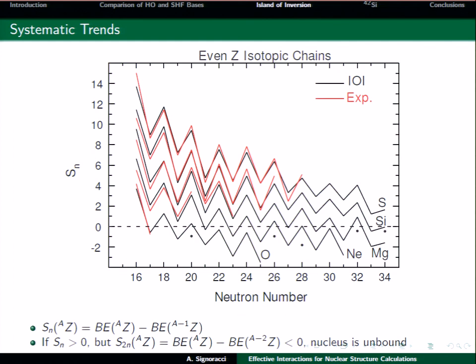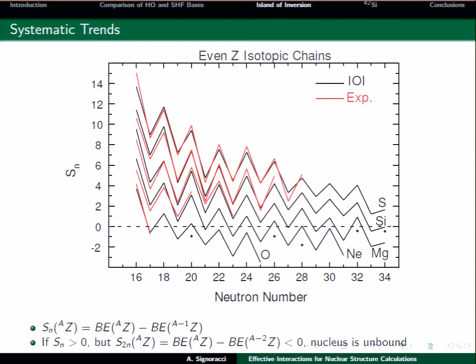Basically, without going into too many details, what you can see from the graph is that there's very good agreement in general between experiment and theory, and therefore, where our experimental data ends, we are able to move farther with the theoretical predictions and determine what's known as the neutron drip line, which is the last isotope of a chain that can be produced and observed.